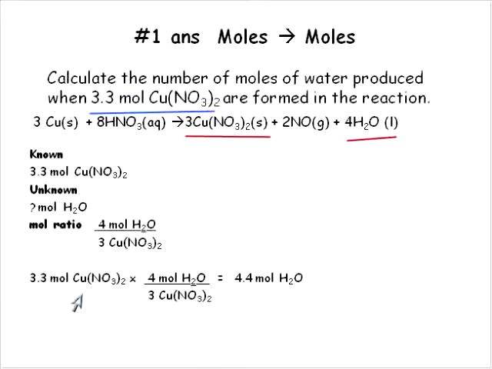We start with our given times the mole ratio. So 3.3 times 4 divided by 3 is equal to 4.4 moles. So when we have 3.3 moles of copper nitrate produced, in this reaction we will have 4.4 moles of water produced.